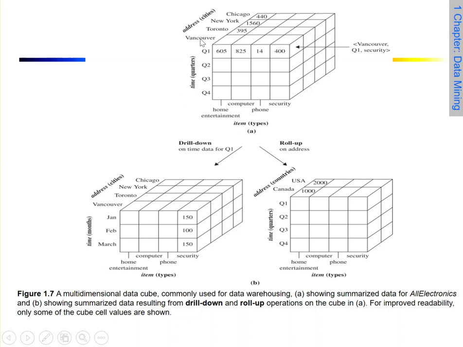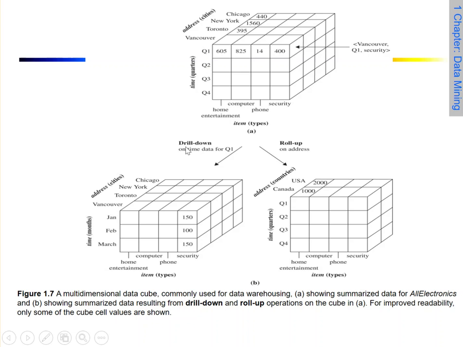So address dimension, you can consider this as the location of the different branches of this company, during different quarters, how many different merchandise products have been sold. So for 100, maybe those are items, maybe their dollar amounts, it doesn't really matter. But we know that there are multiple dimensions. Because data can be organized along multiple dimensions, and every dimension can have different granularities.